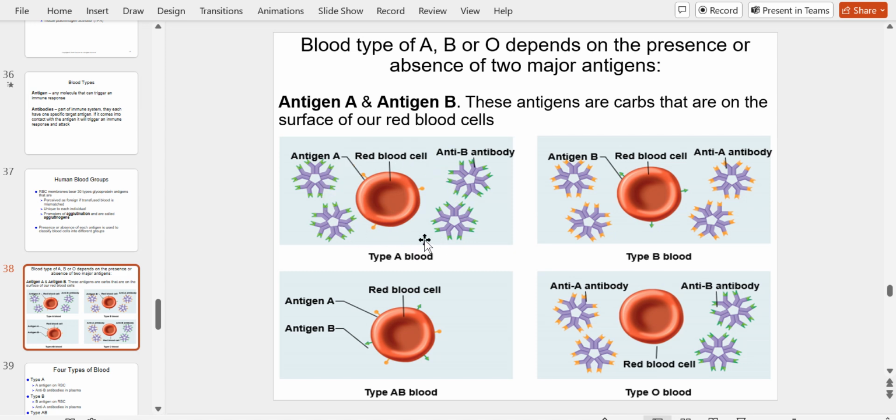Remember the 55%? These are the antibodies that are floating around. I call them the sniffer dogs. They're always watching, and they're looking for B antigen. And this person doesn't have it, so these blood cells are okay. These antibodies are not freaking out. Everything is good.